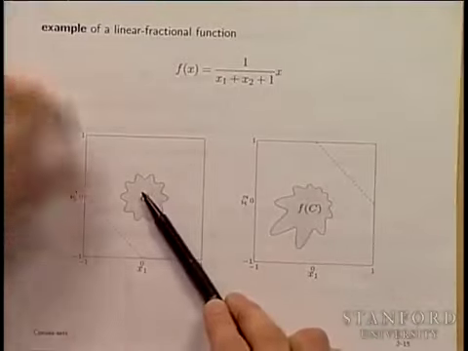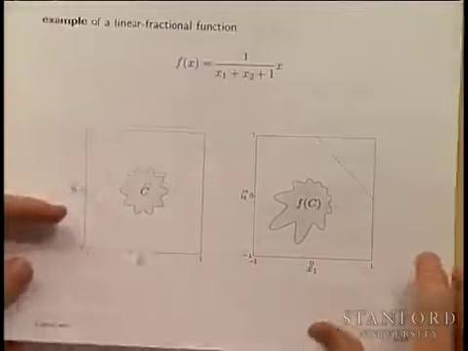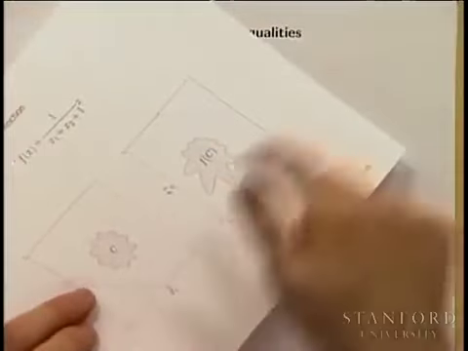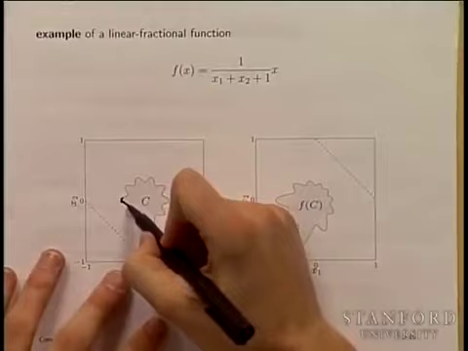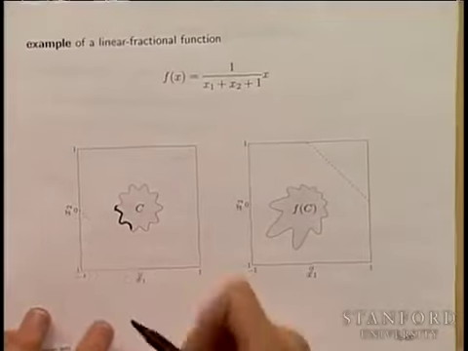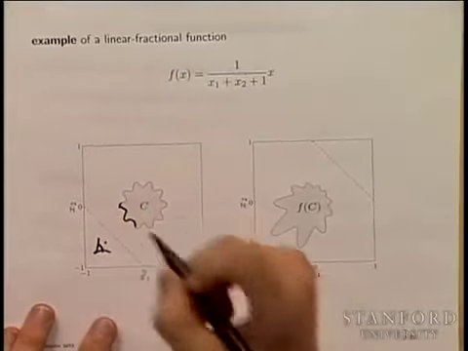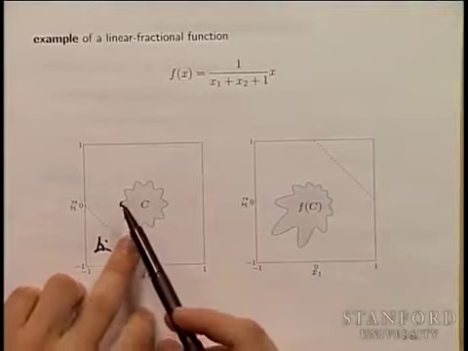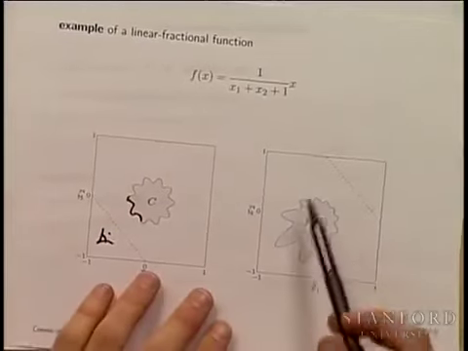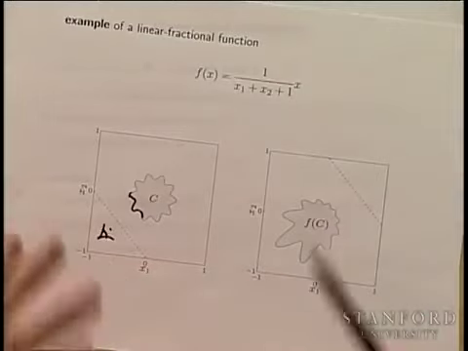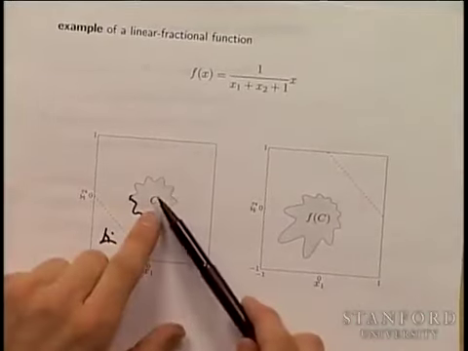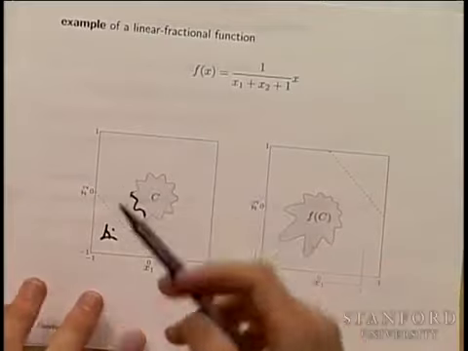Now if I hold this figure on the side and look at it from a different angle, then I'll find that these parts here are closer to my eye. So if I put the eye here, I think it is, and I look at this, I'll find that these things loom closer in my vision than the other parts of the figure. So this is quite a strange transformation, and C here is obviously not convex.